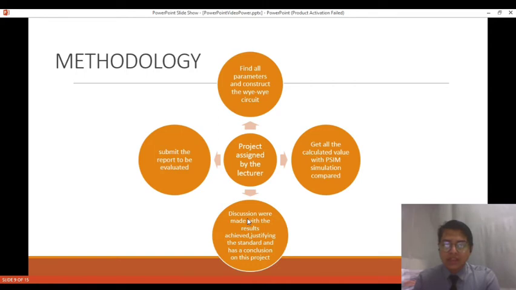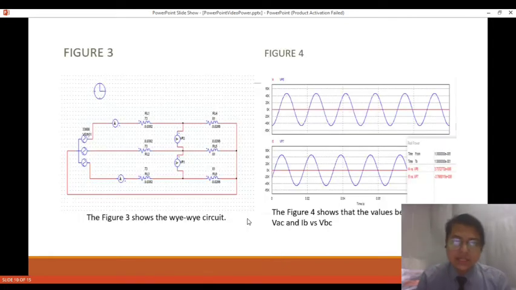Then the discussion is made with the results achieved, justifying the standard, and a conclusion is drawn on this project. And last, submit the report to be evaluated by the lecturer. Okay, next. This is figure 3 that was constructed by the PSIM simulator.